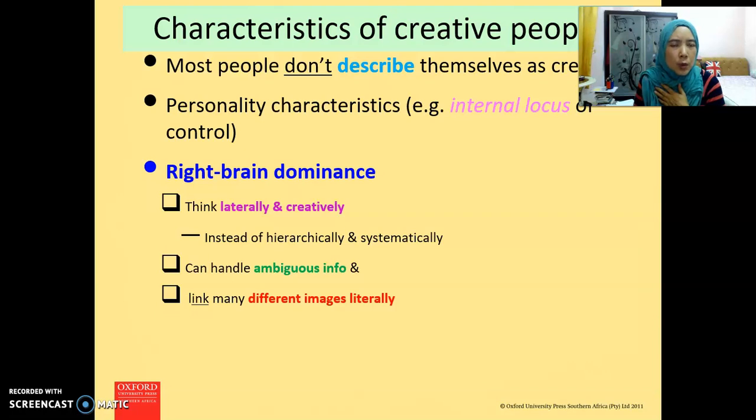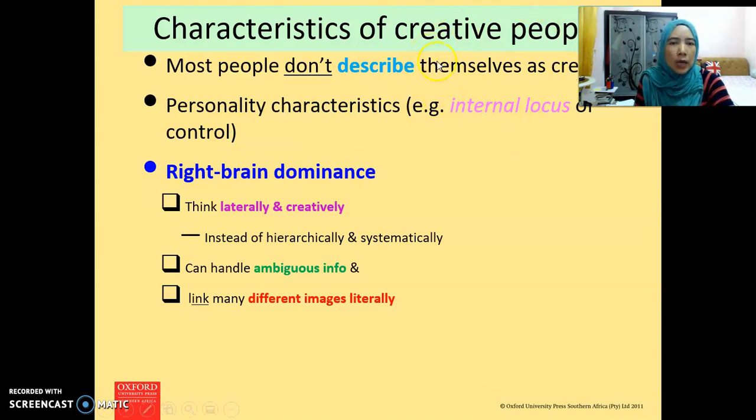For example, those with external locus of control, if they are overweight, will think I cannot do anything because it's genetic, it runs through the family. But those with internal locus of control will think, oh, I can do something about this, it's still within my control. They believe in themselves and in their ability to change themselves, more or less like having self-efficacy. But this belongs to the personal characteristics.